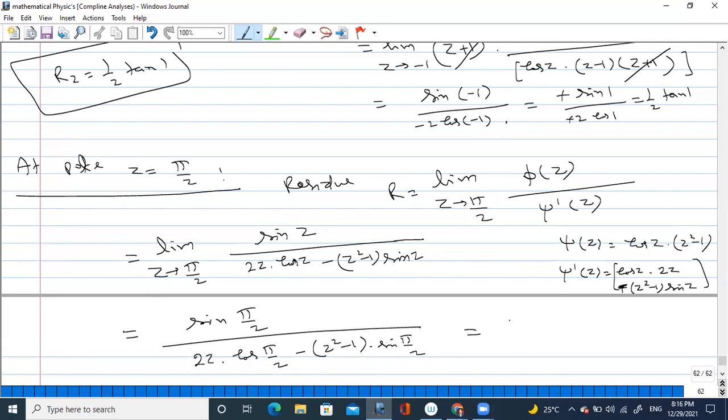So how much will be left? 1 by minus of, with z also put as pi by 2, it will become pi square by 4 minus 1. That's it. Or you can write it as 1 upon 1 minus pi square by 4. So this is the value of R3. So residue 3 is 1 upon 1 minus pi square by 4.